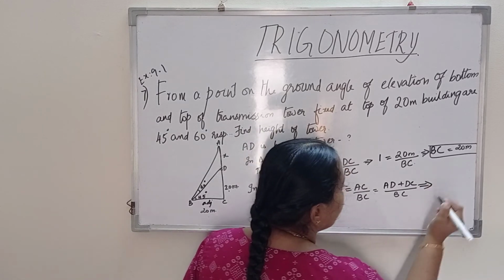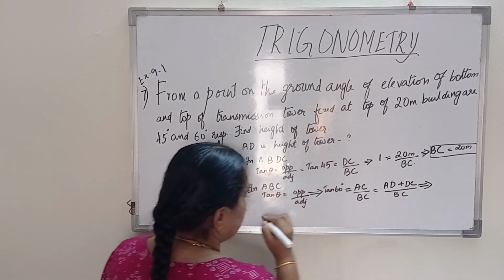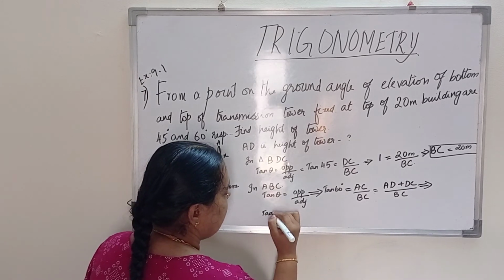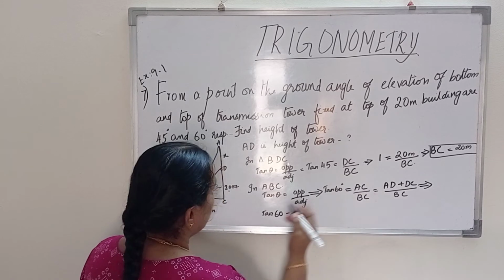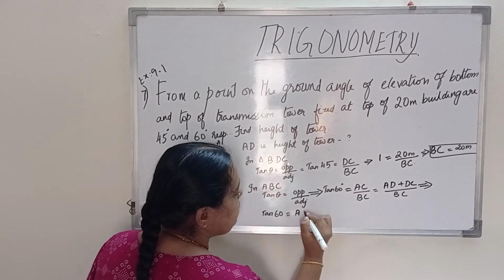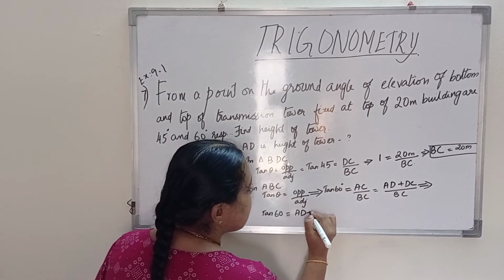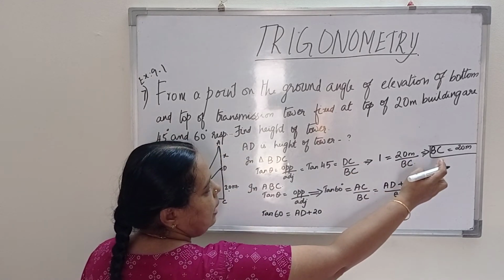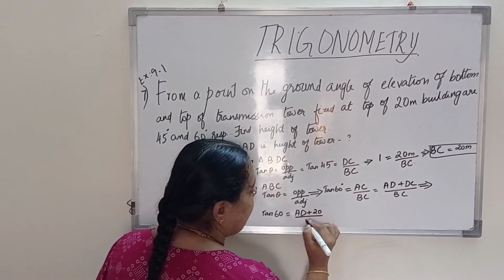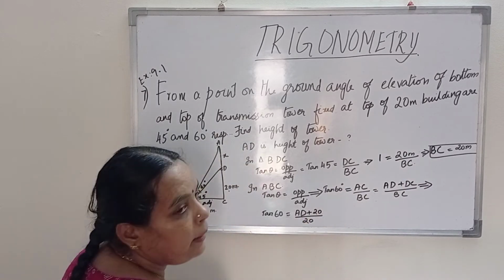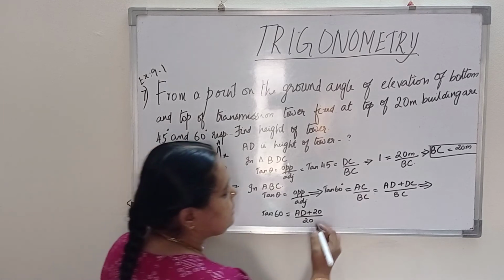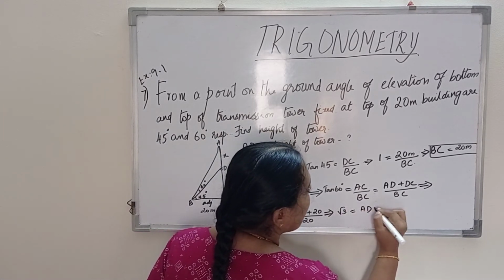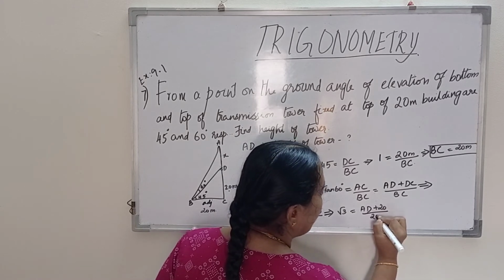So tan 60 is equal to AD plus 20, since DC is 20, by BC, which we found earlier as 20. So AD plus 20 by 20. Tan 60 is nothing but root 3. So root 3 is equal to (AD plus 20) by 20.